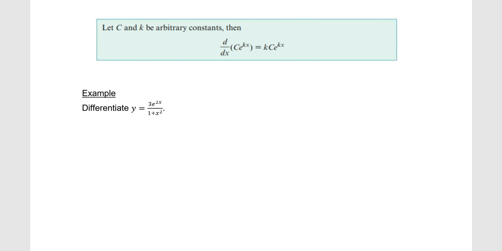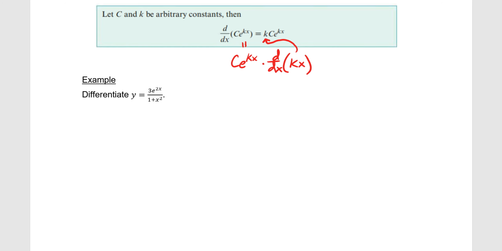You're going to rewrite it. It's going to end up being c e to the kx times the derivative of the exponent. The derivative of kx just equals k, for the same reason that the derivative of 2x would just equal 2, because it's a linear term. Okay, so knowing that little shortcut is pretty nice. It's technically nothing different than what we've just done. It's just a little bit simpler here.